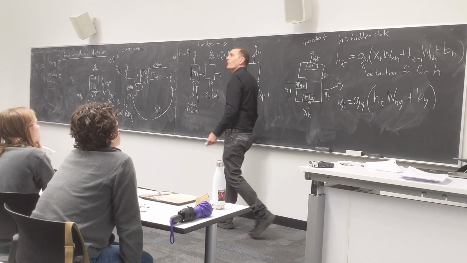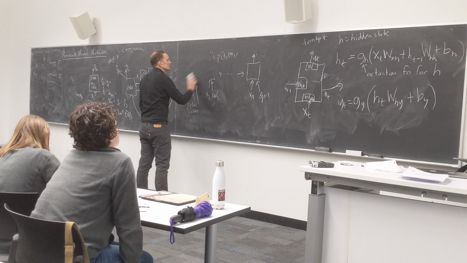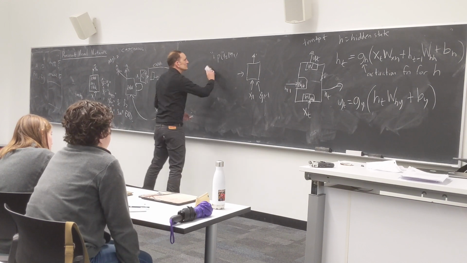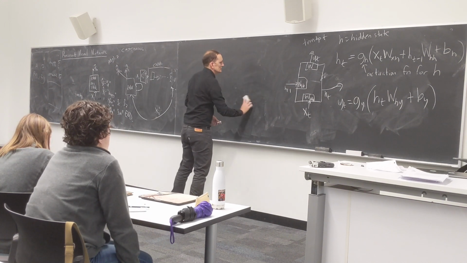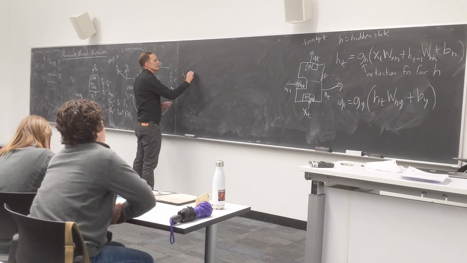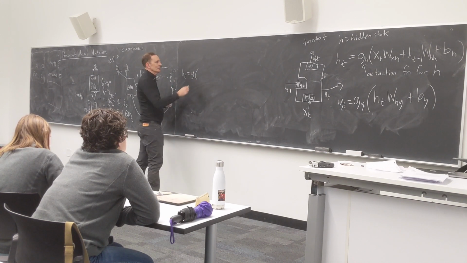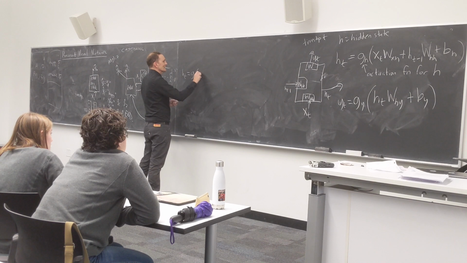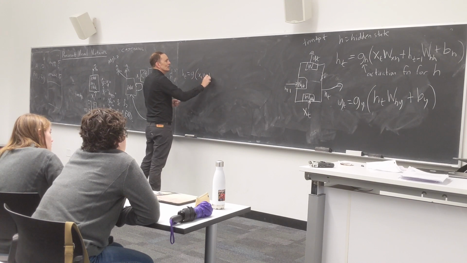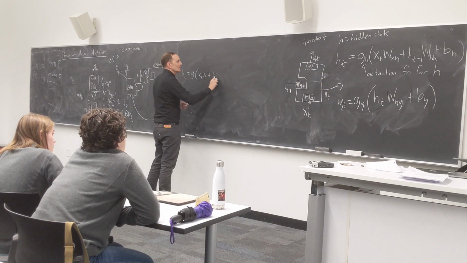So let's go ahead and expand this computation. Let's look at H sub T equals G. I'm going to ignore the output H sub H, so we don't have to write so many things. This is X sub T W sub XH plus H sub T minus 1 W sub HH.